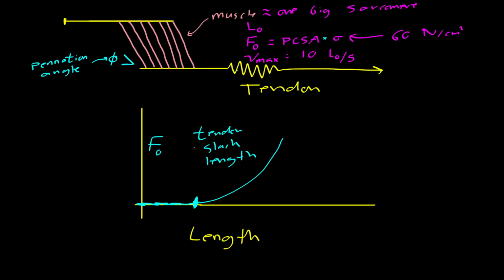It's called that because it's the length at which the tendon goes slack, meaning there's no tension in it. The units of length here are another weird thing, where we actually express this in units of the muscle's optimal fiber length. But again, that's an implementation detail you don't need to worry about.